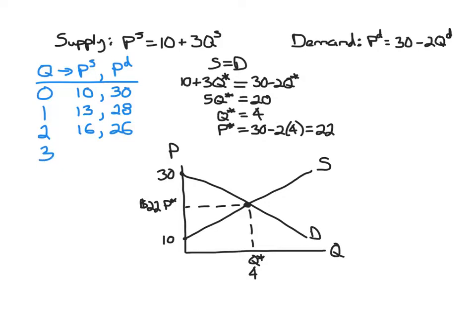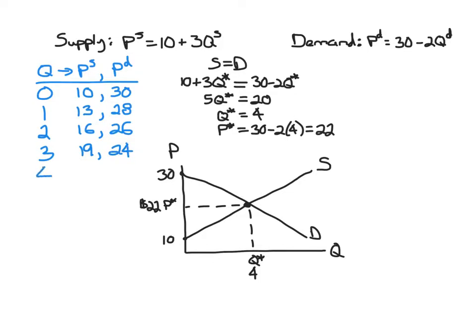And by the way, we should know that we won't have a match until we get to a quantity of 4 because we already solved the answer, which is 4. All right, so going back to our table here, plugging in 3 to the supply curve would give us 19. Plugging 3 into the demand curve would give us 24.